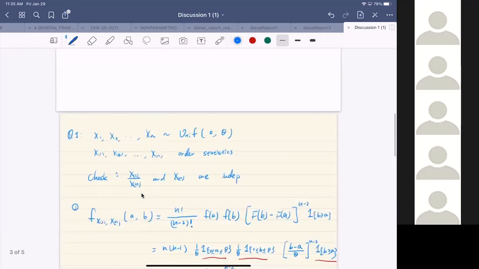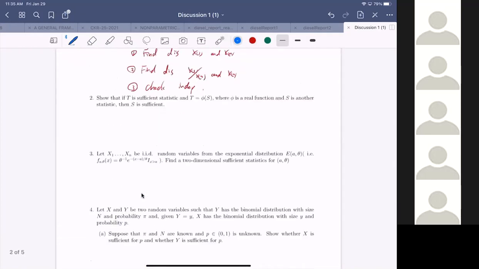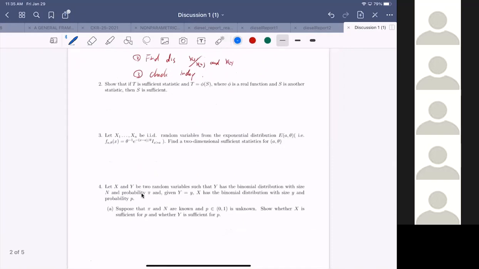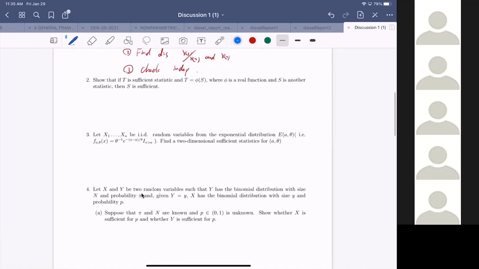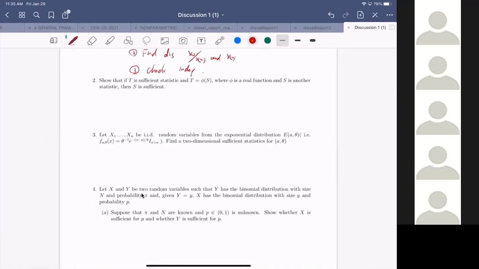If no one has a question, let's go to questions 2, 3, and 4. These three questions are related to the sufficient statistic. The first one is, if T is a sufficient statistic and T is a function of S, we want to prove S is sufficient.